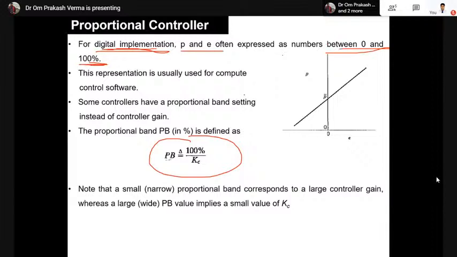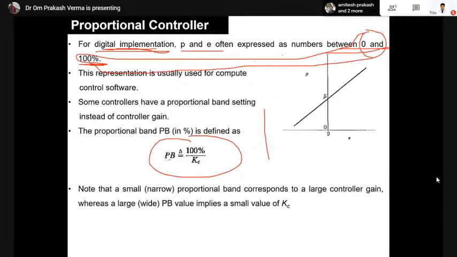All the controllers available in the market today are generally digital. So in the digital specification, a band gap type of system is given, and the number lies between 0 to 100%.